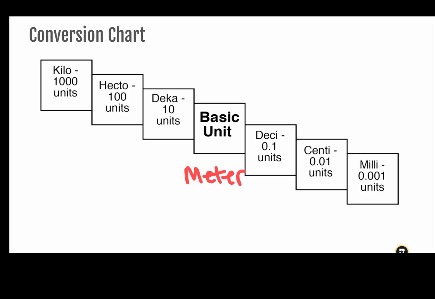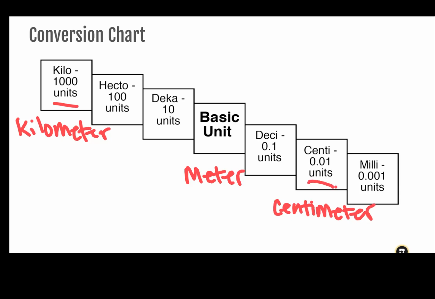We mentioned adding kilo to create a kilometer, and as the chart tells you, a kilometer is 1,000 of the basic units, whereas a centimeter is 1/100th of the basic unit. So there are 100 centimeters in 1 meter. If you think of cents in a dollar, there are 100 cents in a dollar. So it's the same prefix, which is great.